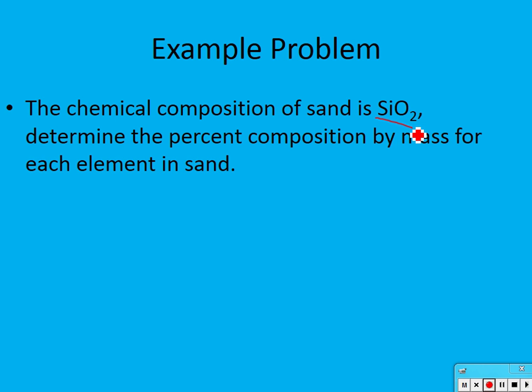What's the mass of silicon? So Si. On the periodic table, it's number 14. It's 28 grams. We only have one of them, so I'm just going to keep it as 28 grams. Oxygen is 16, but we got two of them, so that's 32 grams. If we take 28 grams and 32 grams and add them together, the total mass of that compound is 60 grams.